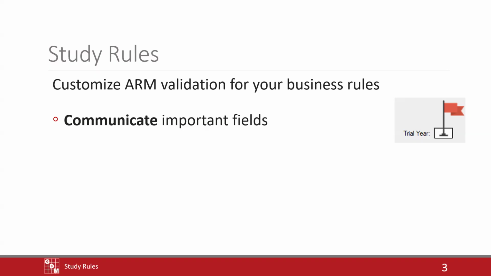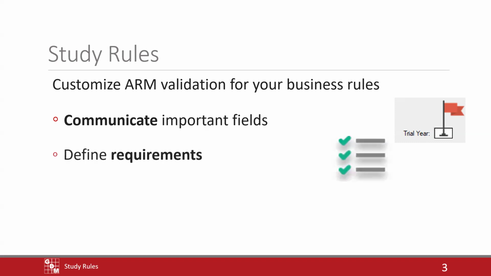So like I said, there's a lot of different study rules, but we'll focus on the typical use cases, the 80% of the rules that are out there, primarily used for communicating important fields. This is something that needs to get filled in. These are my requirements of things that need to be documented or need to be performed as part of the trial.